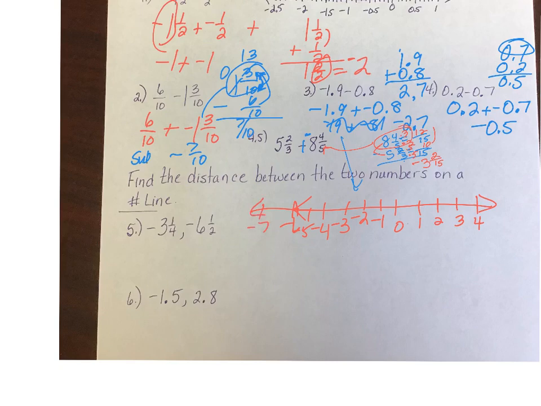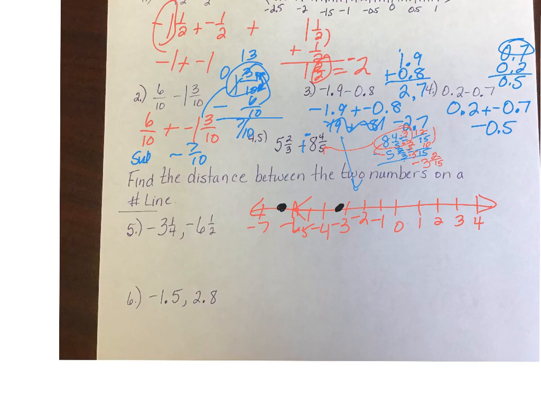If you look at this, they're asking me to find the distance between -3 and 1/4, which is about right here, and 6 1/2, which is going to be right here, okay? If you kind of count, it's going to be somewhere around 3, wouldn't you think?